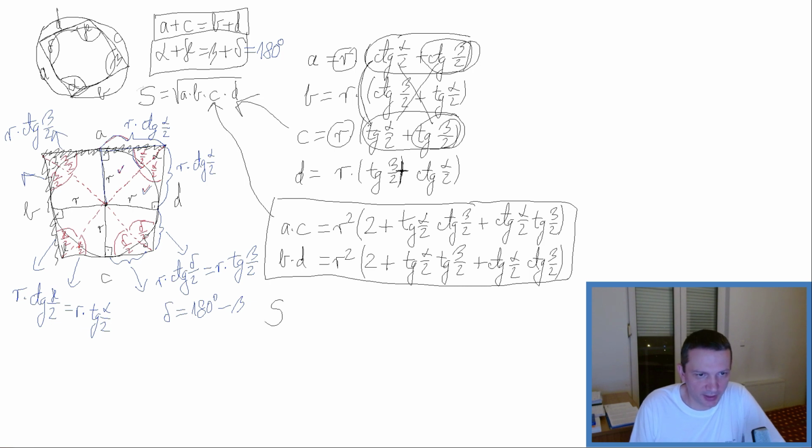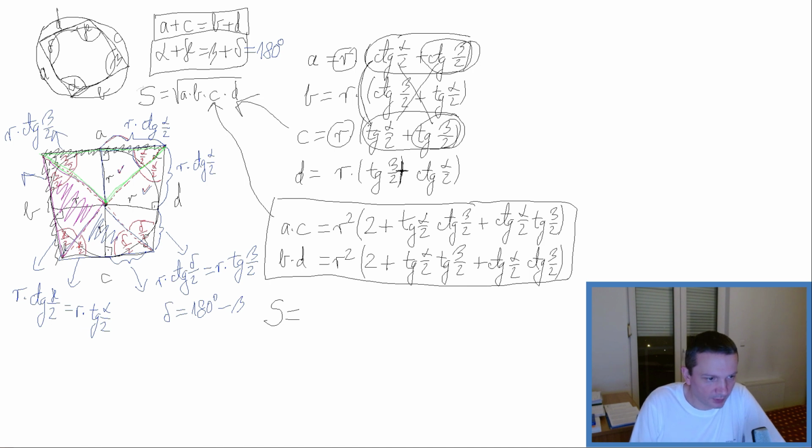And how can we obtain the area? What is S? What is area? We will sum 4 triangles. Okay, let me now switch to green. We will sum the area of this triangle with the area of this triangle here, with the area of the next triangle here, and the fourth one.